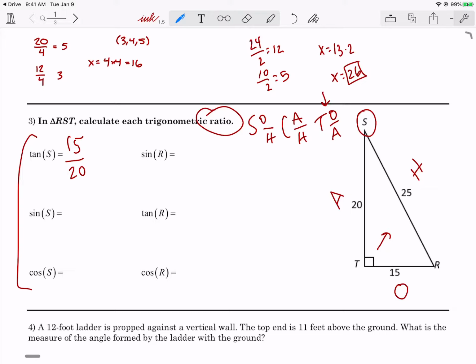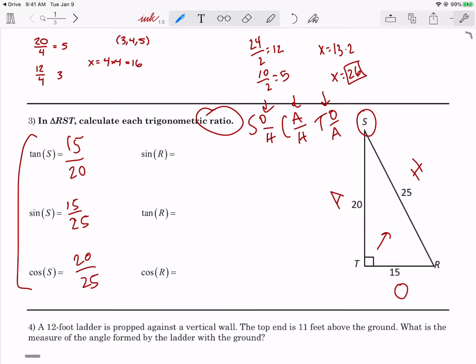Sine is O over H, so 15 over 25. You don't need to reduce it, so just leave it like this. Last one, cosine. A over H, we have them labeled, 20 over 25, and then you're all done.